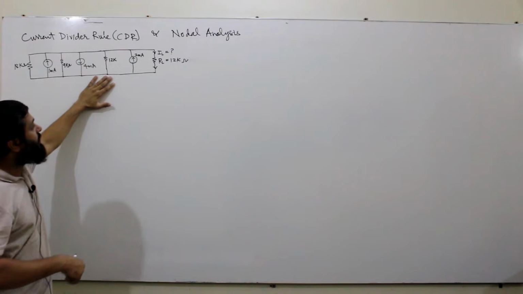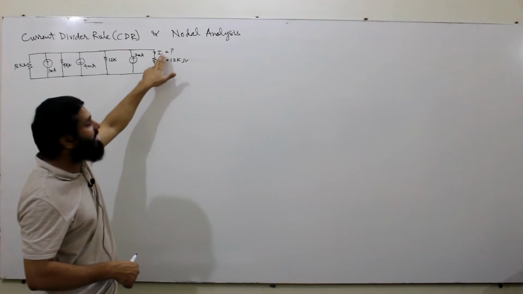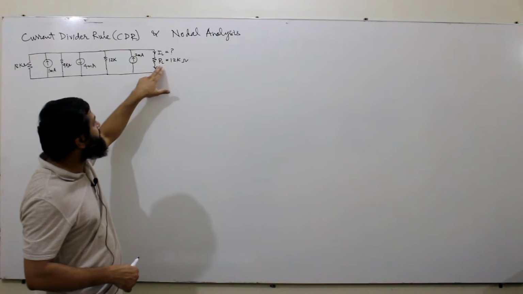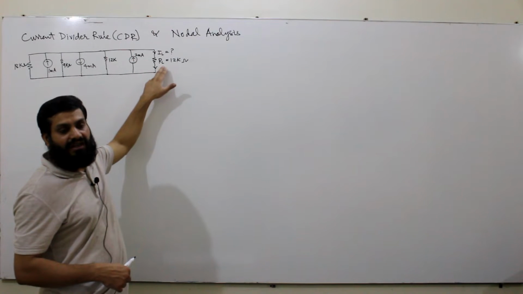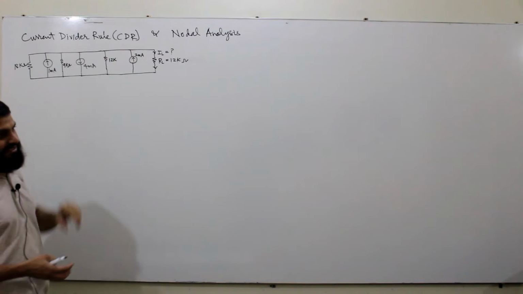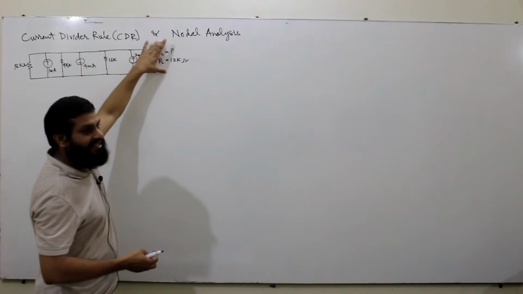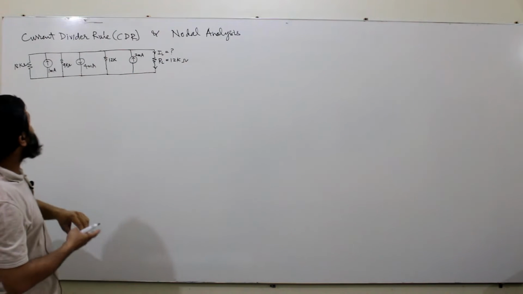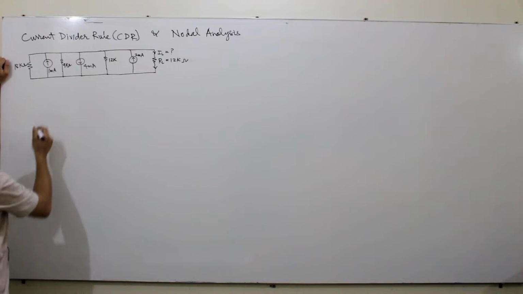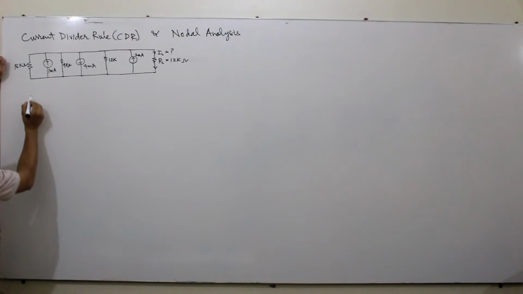But in this circuit, we are only asked to find the current through this resistor, which is given the name of load resistor, and the rest of the resistors are just shown as they are. So we are only interested in the current in this one, and to find it, first we have to simplify the circuit. How can we simplify it?